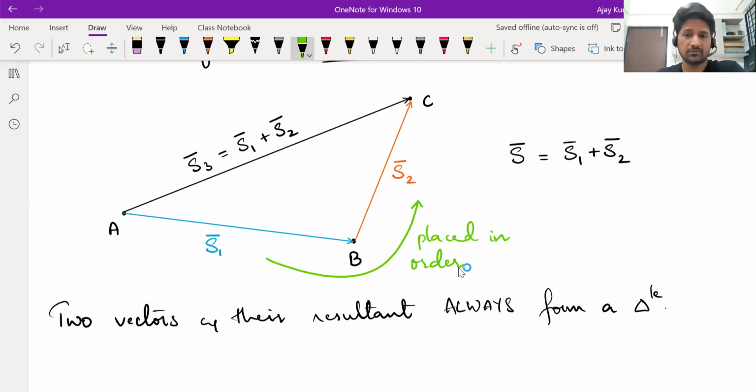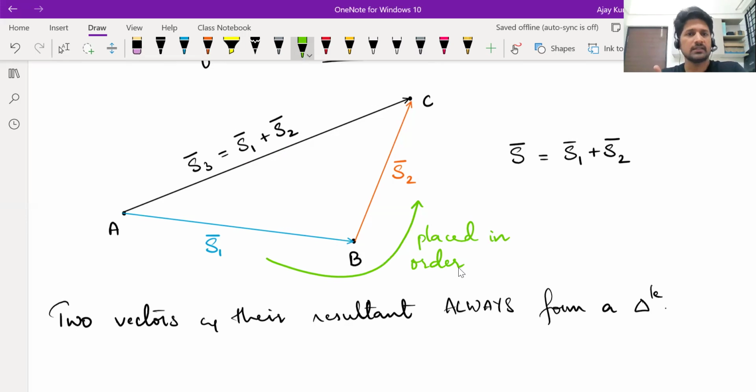What do you mean by placing vectors in order? The tail of the second vector should be at the head of the first vector. Then suppose there's a third one: the tail of the third one should be at the head of the second one. When you arrange vectors like that, they are said to be placed in order. Hope this point is clear to all of you.